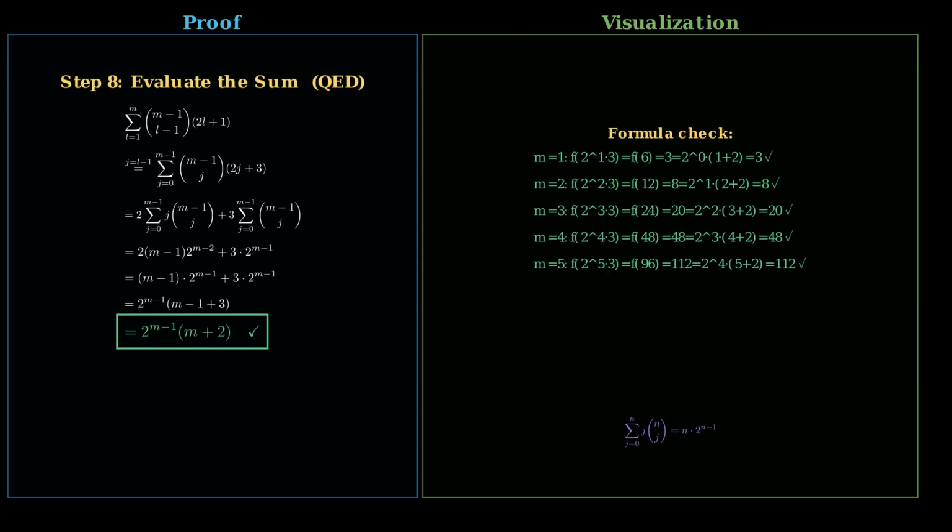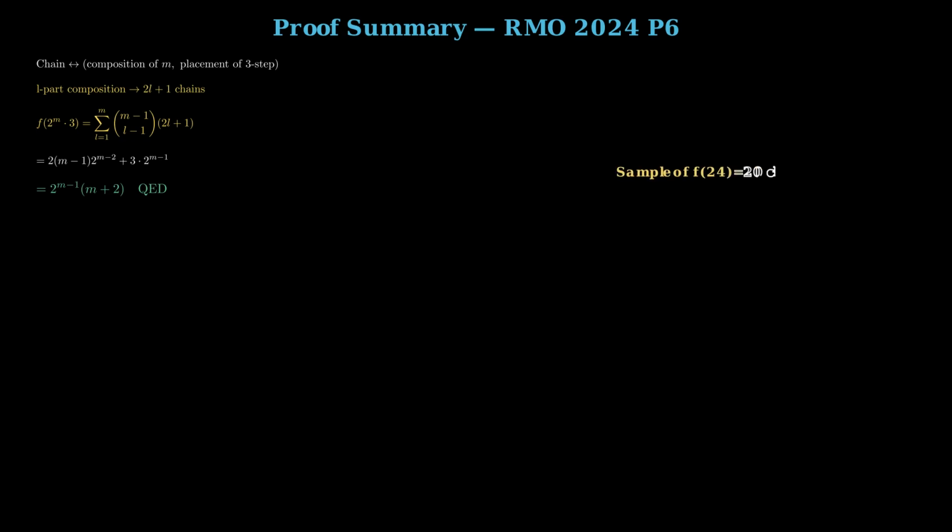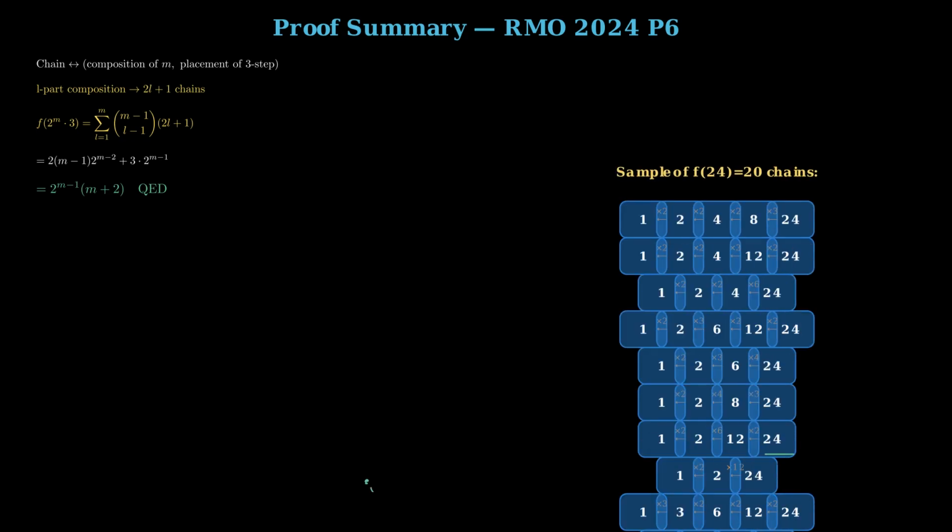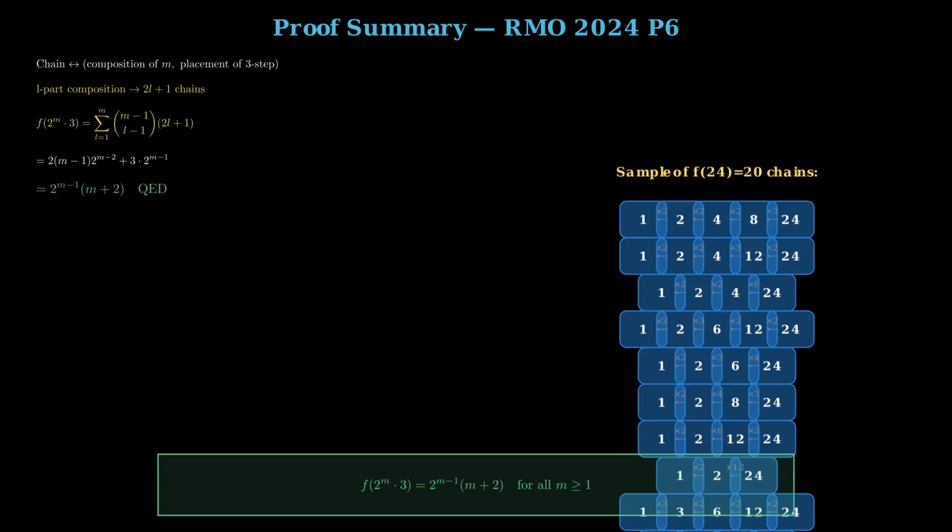QED. Complete proof summary. Every 2^m times 3 chain corresponds to a composition of m together with a placement of the single 3-step. For an L-part composition, there are L type A chains and L plus 1 type B chains, giving 2L plus 1 total.